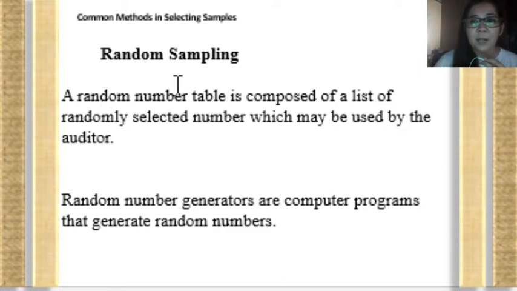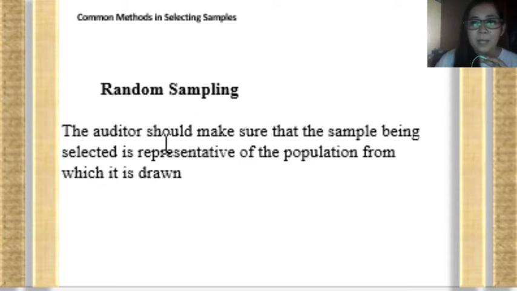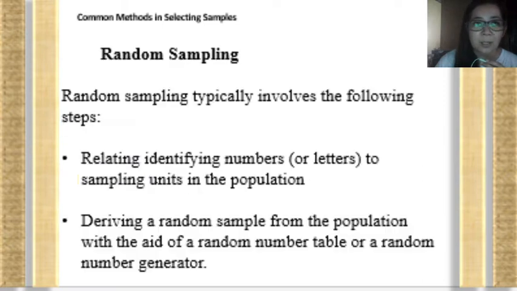Later on, the items that will be selected will be subjected to a procedure. Here the auditor should make sure that the sample being selected is representative of the population so that audit risk and sampling risk will be minimized or reduced.